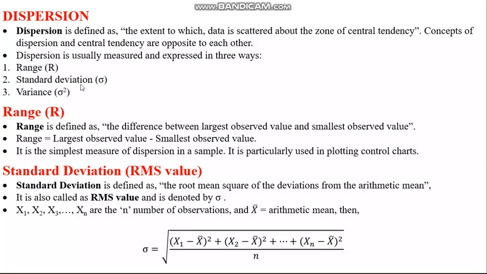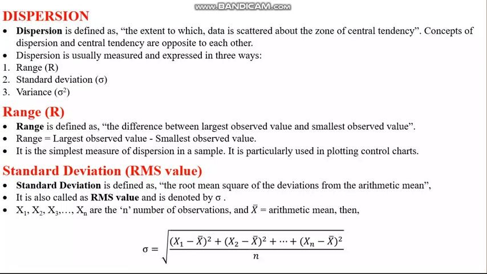The second way of expressing dispersion is standard deviation, sigma. Standard deviation is defined as the root mean square of the deviations from the arithmetic mean. Root means square root.